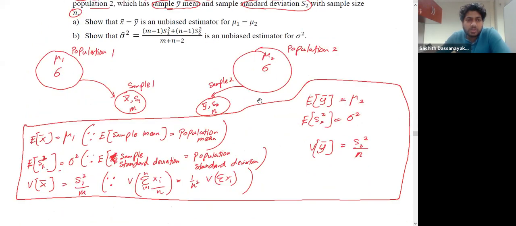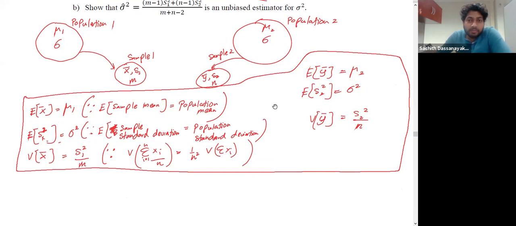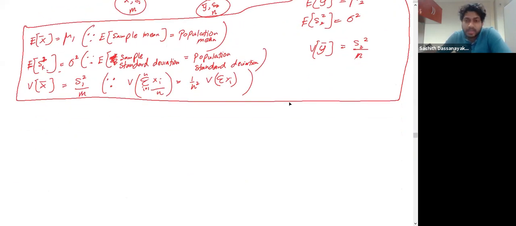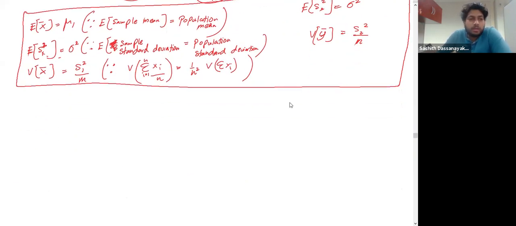Now let's go back and check what we need to find. Part A: show that x bar minus y bar is an unbiased estimator for mu1 minus mu2. If you need to show that something is an unbiased estimator, you have to show that the expected value of the given parameter equals what they have mentioned.